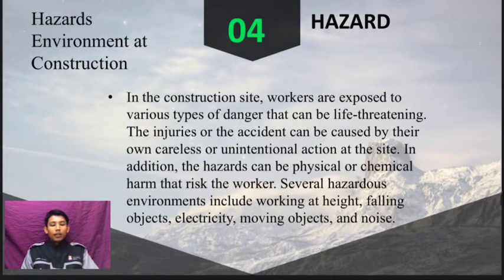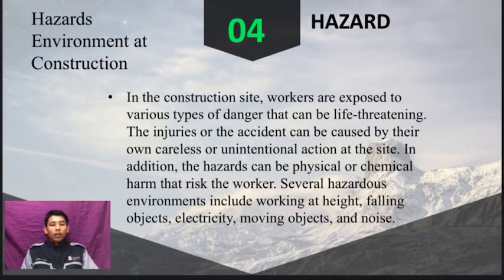In addition, the hazard can be physical or chemical harm that puts the worker at risk. Several hazardous environments include working at height, falling objects, electricity, moving objects, and noise.